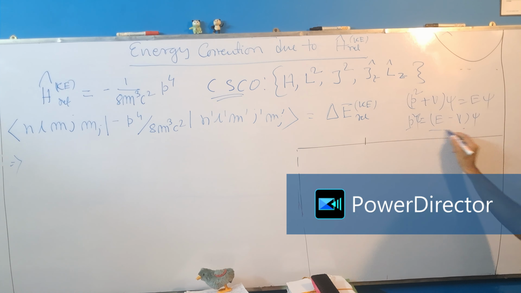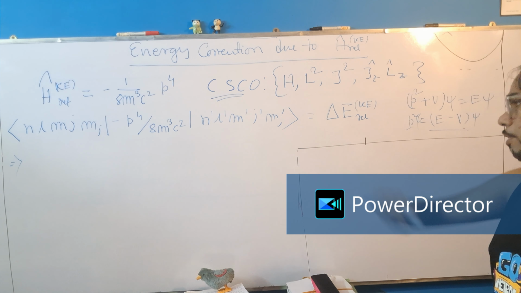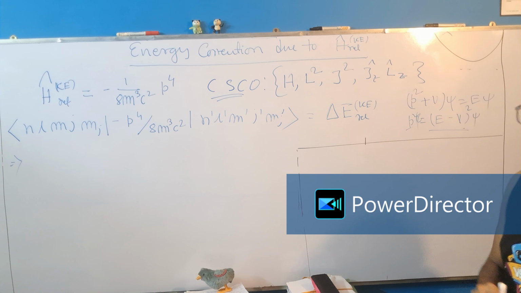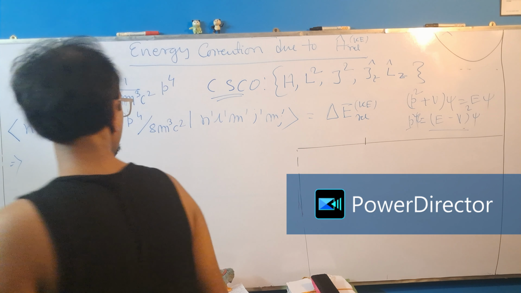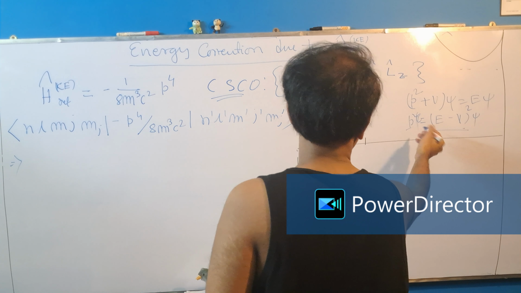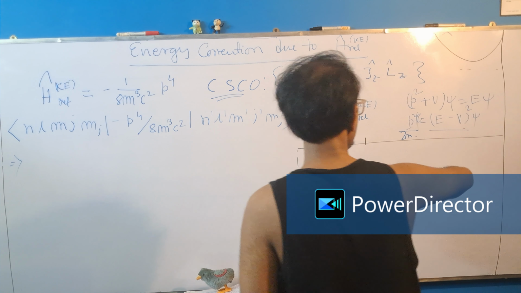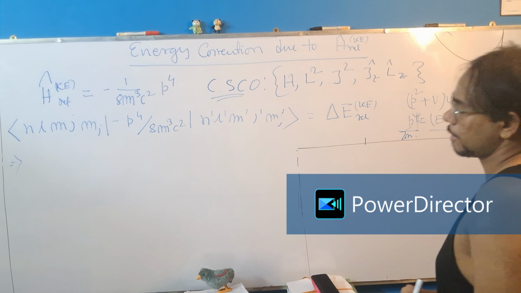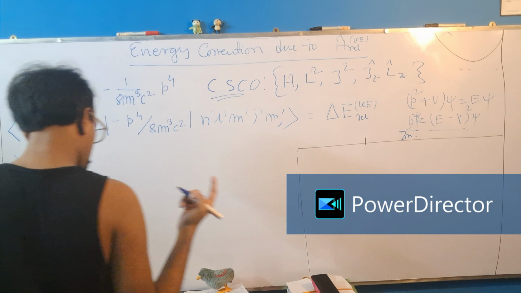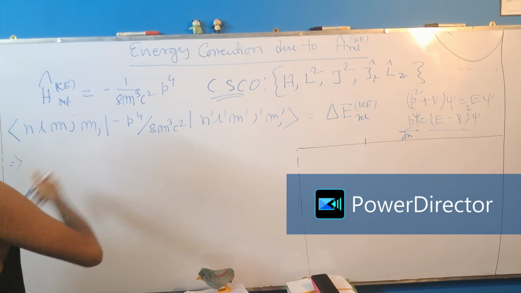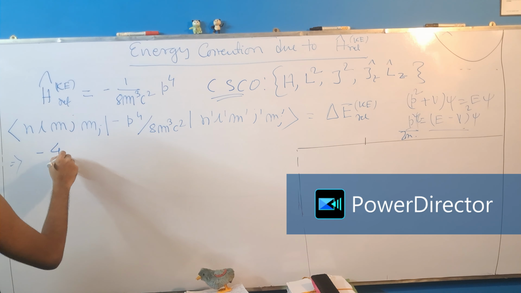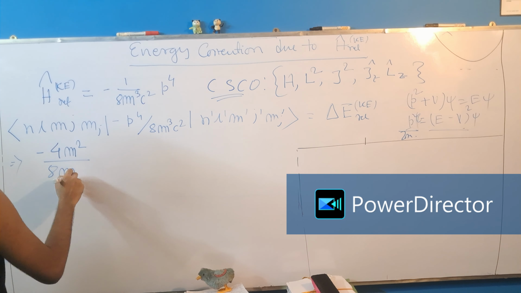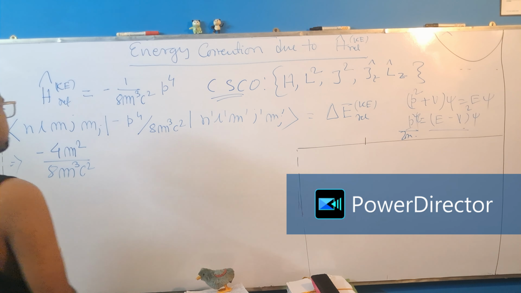Here we have p to the power 4, so we will square on both sides and we will get p to the power 4 and E minus V whole squared. I'm extremely sorry, that's p squared by 2m, so we have to multiply by 2m here obviously. The 2m will get squared and we will end up with minus 4m squared by 8 m cubed c squared.